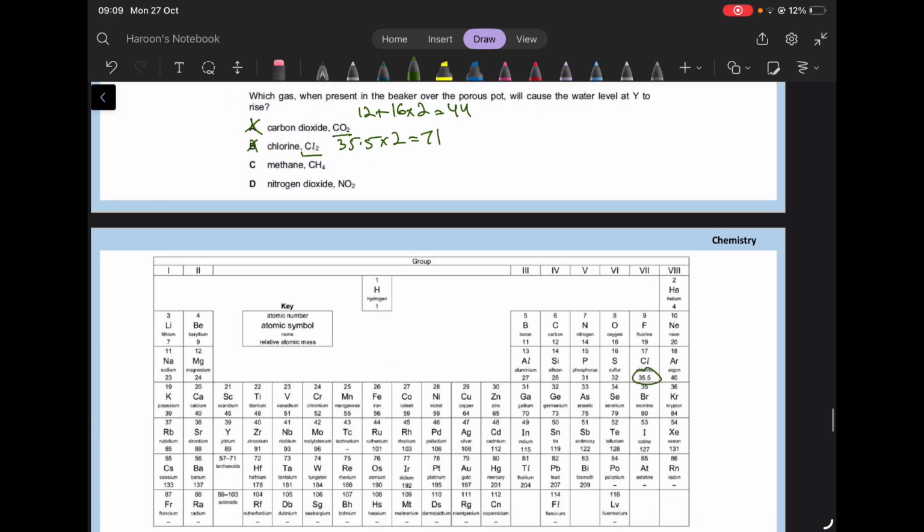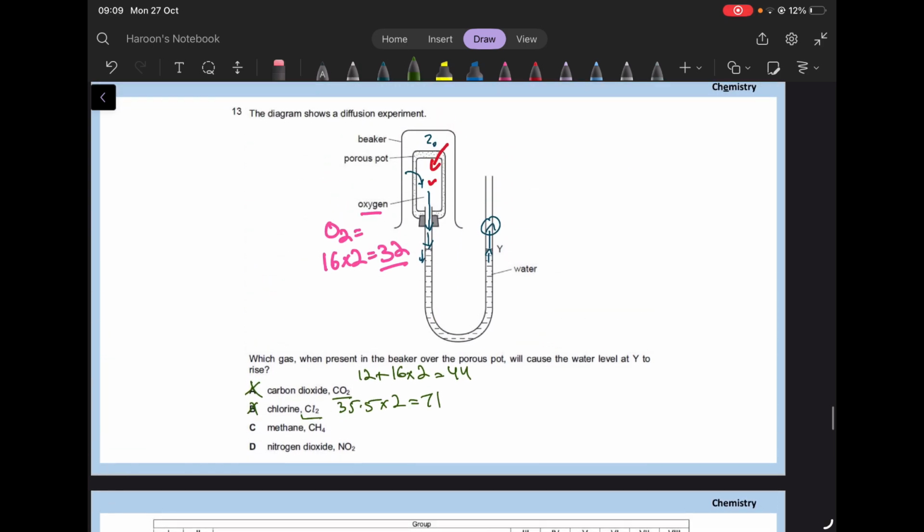You can see 35.5 for chlorine, that is why I multiplied it by 2. 12 plus 4, this would be 16. Now this is less than oxygen, so if we have 16 mass here and 32 inside, more of these would go in because they are moving faster. So when more of these go in, this part would be pushed downwards and Y would be pushed upwards. So C has to be the correct answer.